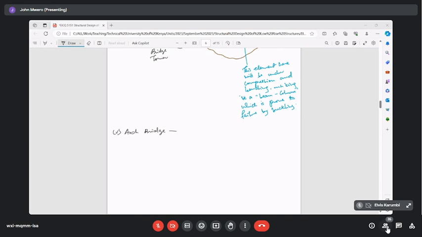So this is one of the places where now that basic analysis of structures for arches will come in. So the main structural element in these bridges is an arch.